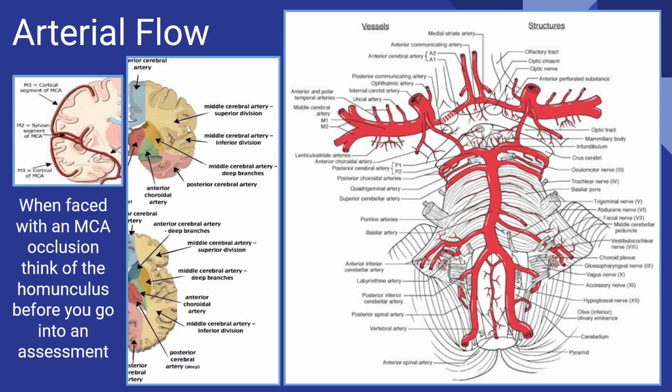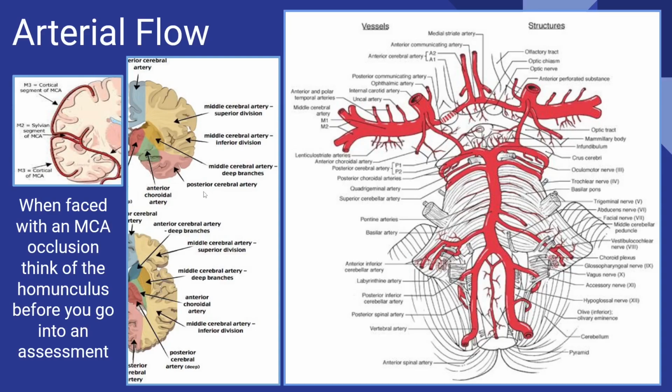If you see the image on the top left, that's what it's explaining here. It's going to start as an MCA1 segment, and then as you extend from the carotid artery, you're going to get your M2, M3 segment.